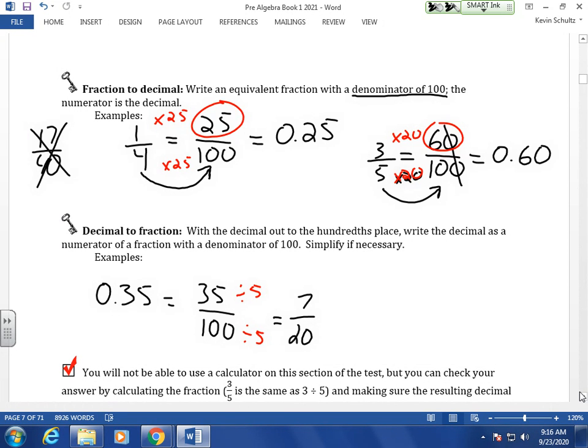Let's do 0.48. Go ahead and try this one on your own quick. Writing it as a fraction, of course, in the simplest form, 0.48. You can read that as 48 hundredths.